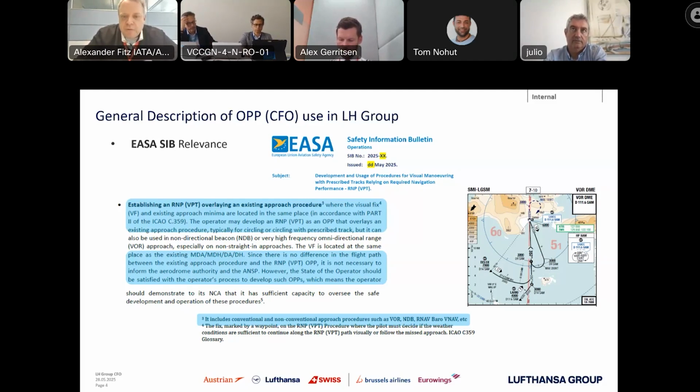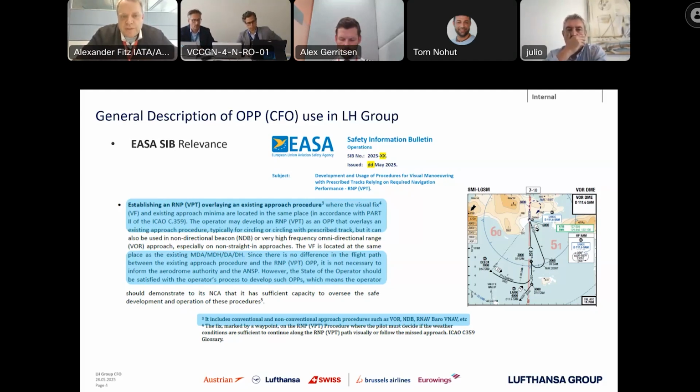There is no difference, and that was really a big part that EASA took into account, for the ANSP or air traffic control, in which flight path the airplane will follow to the runway, no matter if it's manually flown without any guidance, only on visual cues, or if there's proper guidance.